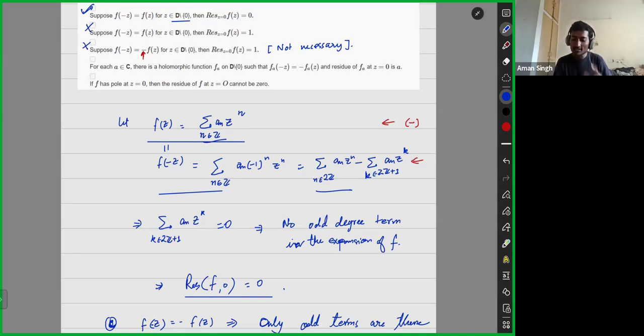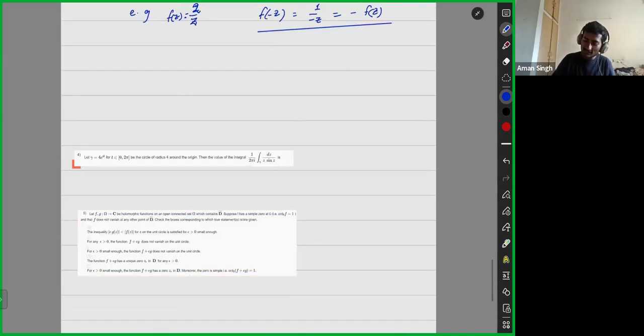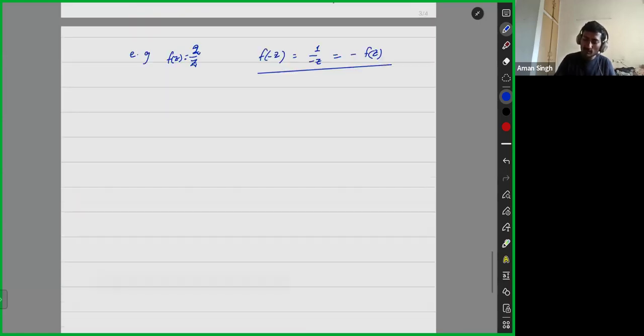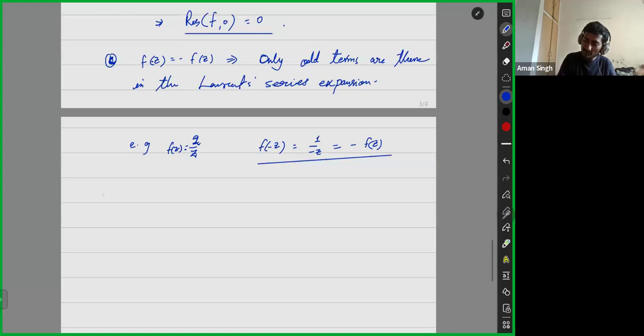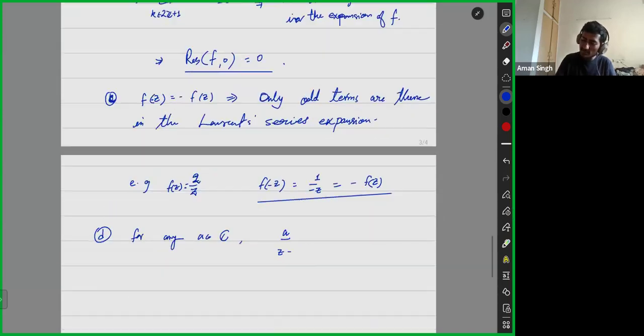For each a in the complex plane, there exists some function which is odd. Just as in the previous case, I was giving you an example. Of course, for any a belonging to C, what we'll take is a by z, at the point 0.